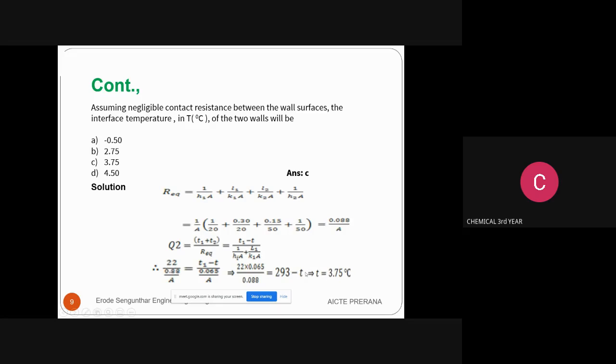This T is our intermediate temperature for the two materials. Among the options minus 0.5, 2.75, 3.75, and 4.5, the answer 3.75 is there, so option C is the answer.